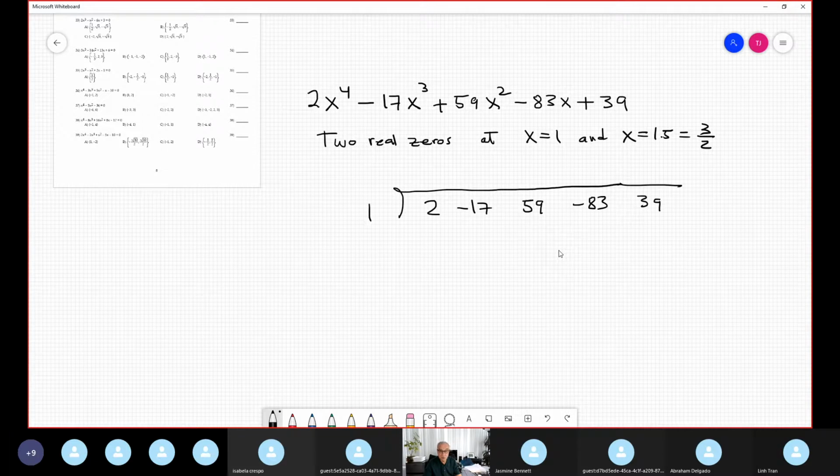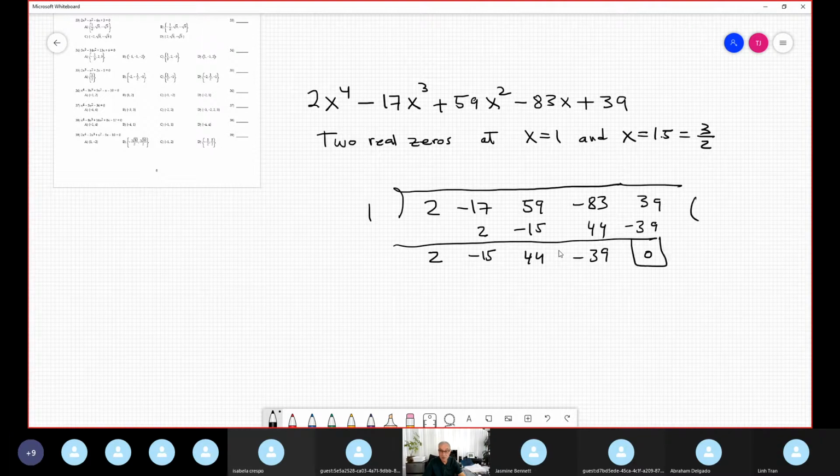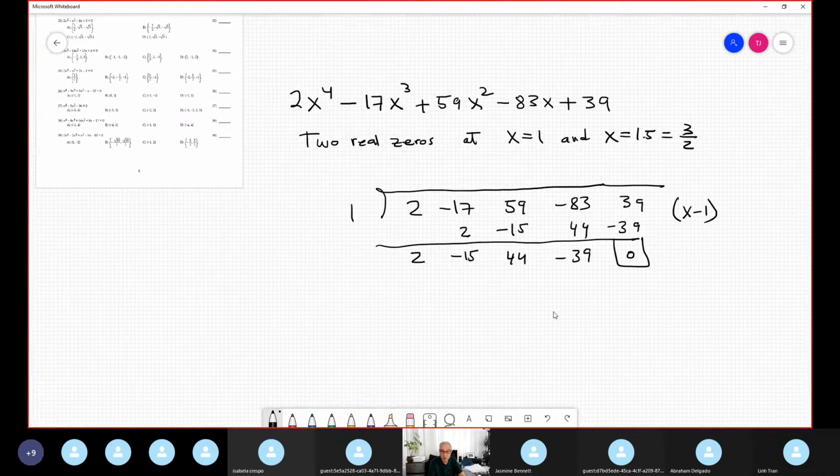And you are doing synthetic division by 1. 2, multiplication by 1, so negative 15, multiplication by negative 15, this is 44, 44 times 1 is positive 44, this is negative 39, and multiplication is positive 39, negative 39, because negative times positive is negative, 0 remains. Detecting now that the factor x minus 1 belongs to the polynomial, or the zero is 1.